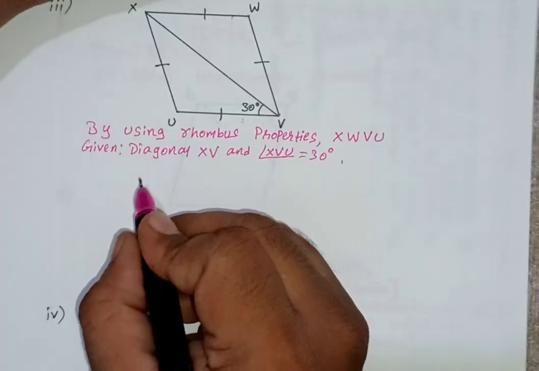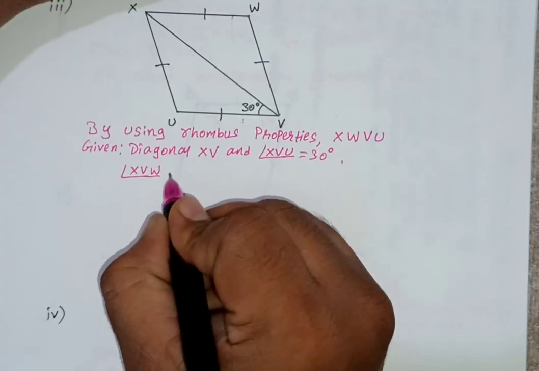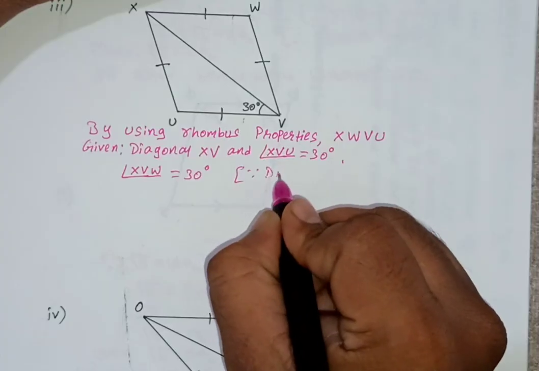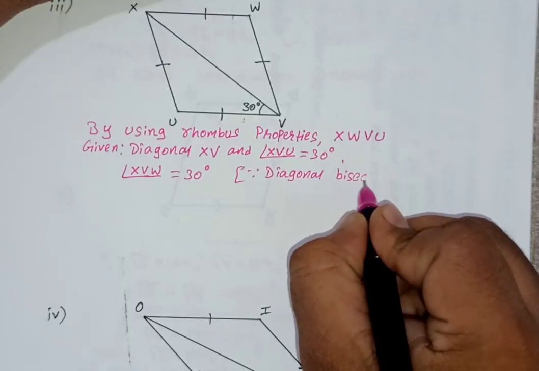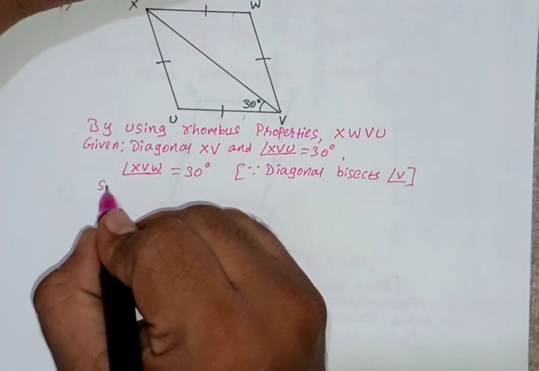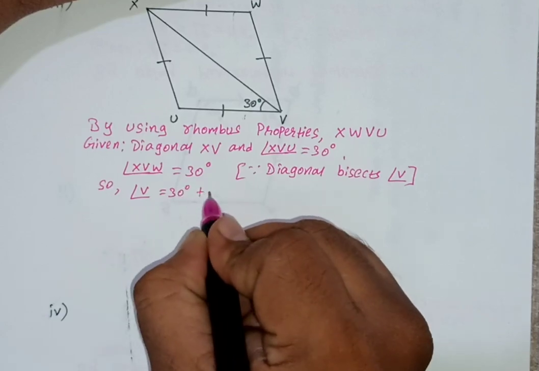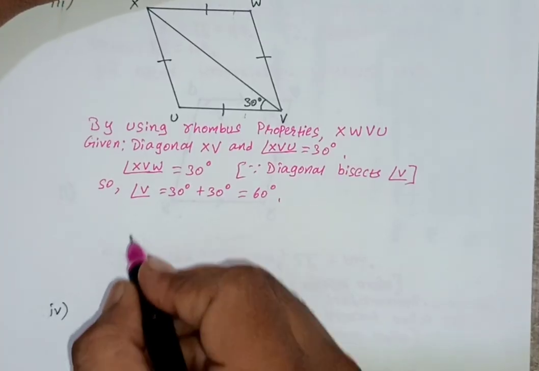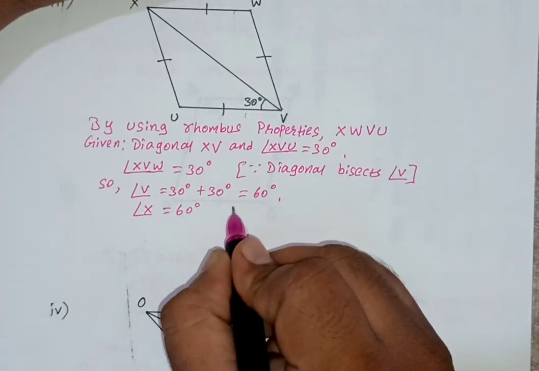Now angle XVW is equal to 30 degrees, since the diagonal bisects angle V. So angle V is equal to 30 degrees plus 30 degrees, which is equal to 60 degrees. Then angle X is none other than 60 degrees.